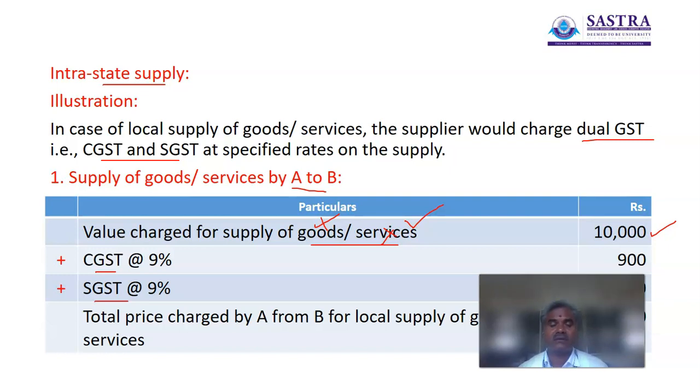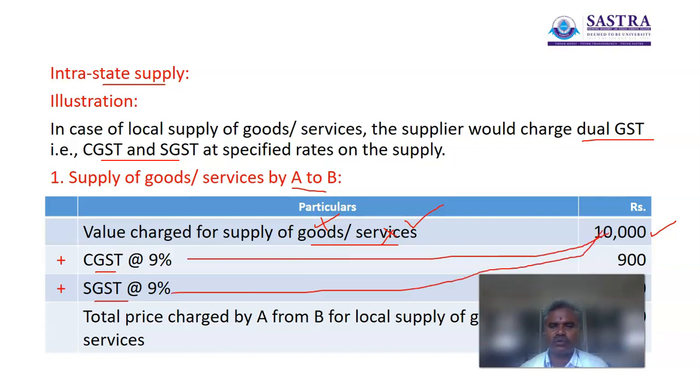When they ask you to charge 18% or 12% or 28%, we have to divide it equally into two parts, because the first 50% is for the central government, the next 50% is for the state which is levying this charge, or the union territory which is levying this charge. So you take 9% of 10,000 for both. So 900, 900. So the total value of supply is 11,800, my dear student.